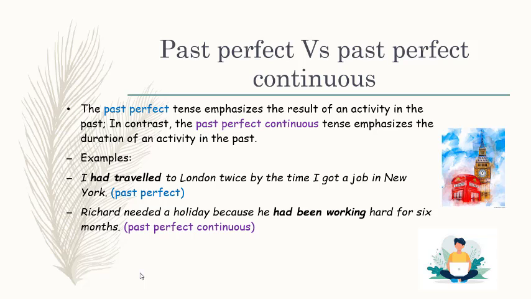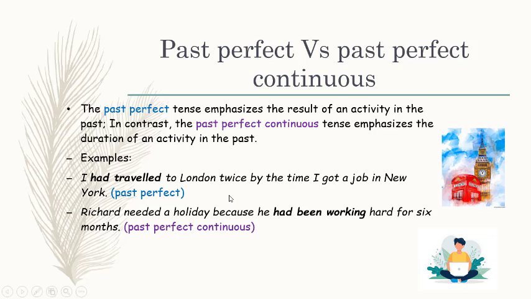Let's see another difference between them. The past perfect tense focuses on the result of an activity in the past. Like here, I had traveled to London twice by the time I got a job in New York. Here, I'm focusing on the result of an activity in the past. I'm not focusing on the duration.